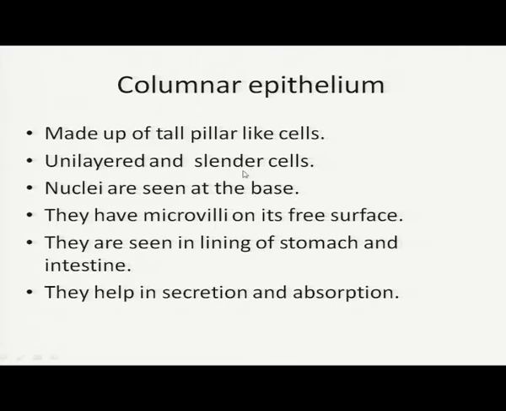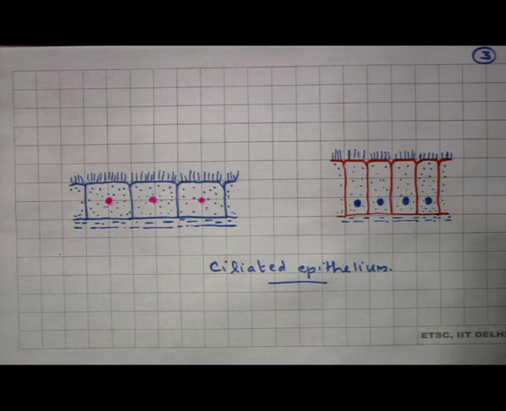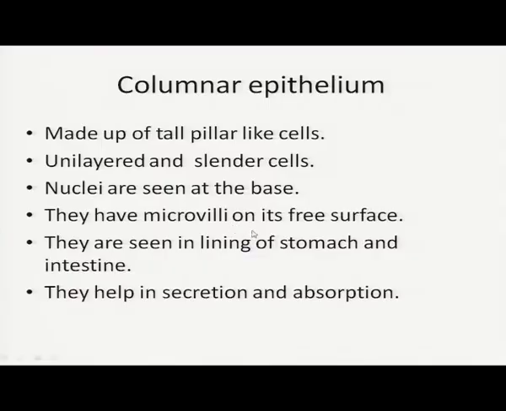Now, regarding the position of the nucleus, see these two diagrams, you can see the difference. Here the nuclei are seen at the base of the cells, and some of these columnar epithelia have microvilli on their free surface. Where are they seen in our body?